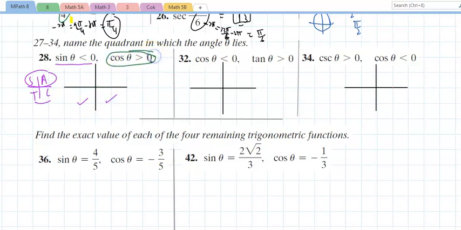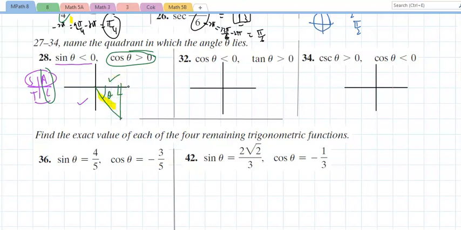Cosine is positive, cosine is the x, isn't the x positive in those two, or right there? All are positive and cosine is positive. Which quadrant satisfies both of those? Theta must be in this quadrant. So if you draw the triangle, theta must be right there, always with the x-axis.